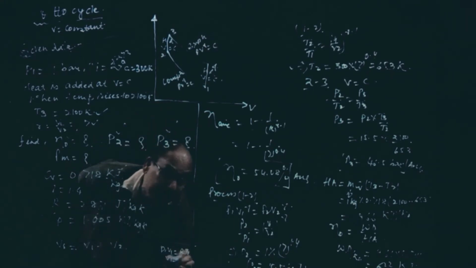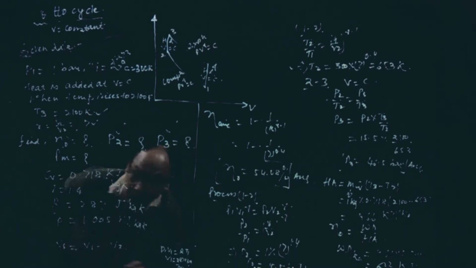So V1 will be R T1, 287 given, times 300, divided by P1, 1 bar, 10 to the power 5. So V1 will be almost 0.861 meter cube. And V2 will be V1 divided by 7, so it will be 0.123 meter cube per kg, remember.